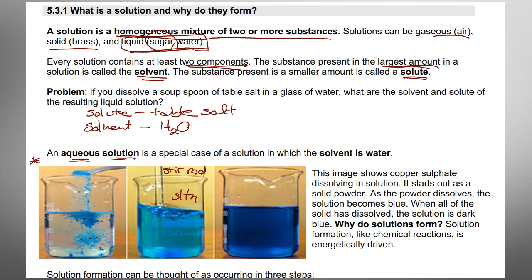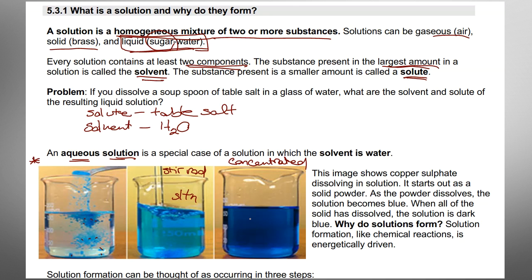And what we get is a light blue solution, which is copper sulfate, which has been solvated or dissolved by the water molecules. Here in this third picture, we have a more concentrated solution of copper sulfate in water. So the difference between this middle picture and this right picture is that there's more solute in the solution.